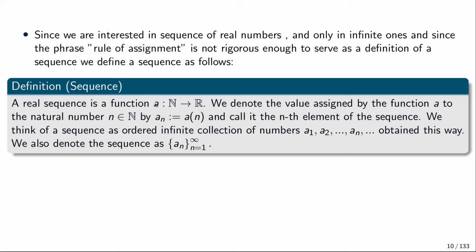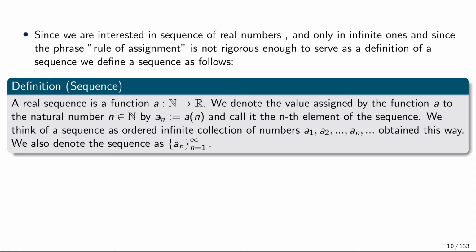When we say function, this becomes very rigorous, and this intuitive notion of rule of assignment is underlined, right? So to each natural number, we assign a real number. And so we denote by a_n the value of this function at the natural number n, and this a_n is called the nth element of the sequence.